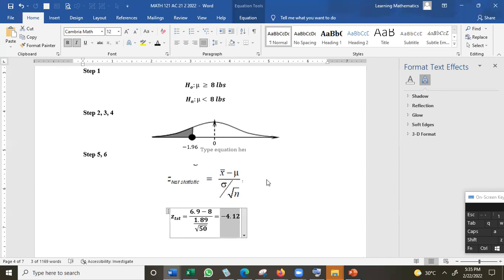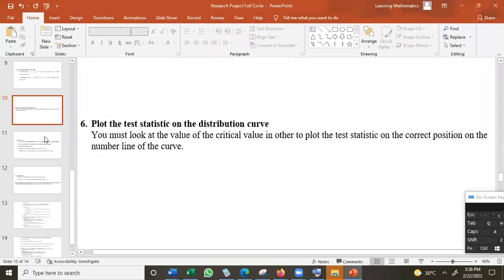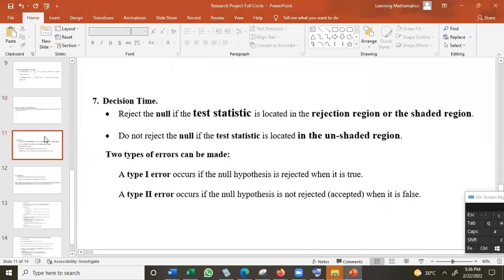Okay, and when we have done that, now we have to decide whether or not to reject the null, and that will be in step number 7. So if this test statistic is going in the rejection area, what do we do? What will be our decision?